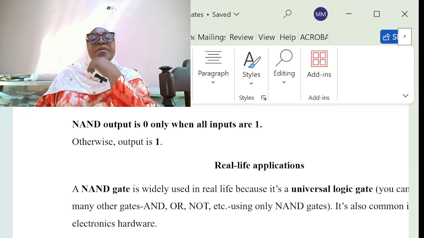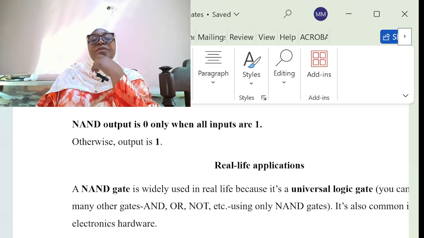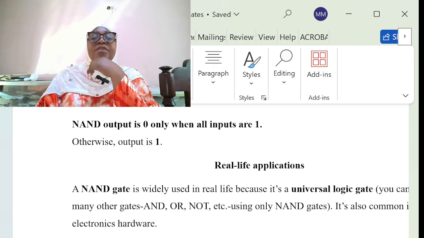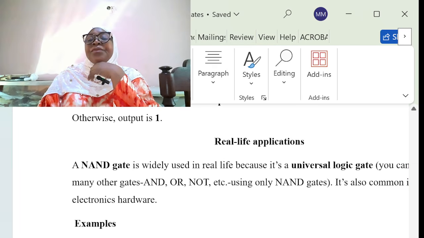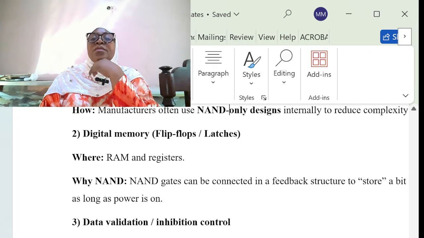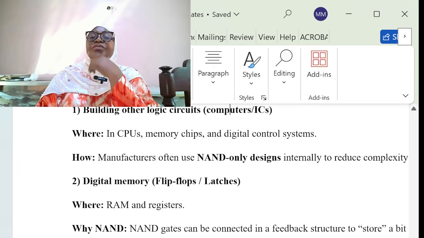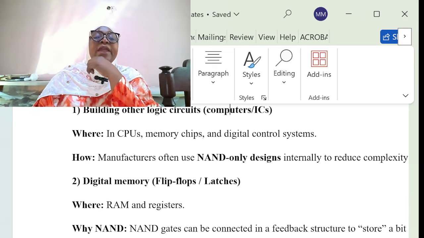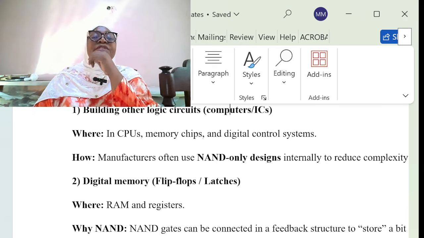Examples: number 1, building other logic circuits, in computers and integrated circuits, in CPUs, memory chips, and digital control systems.